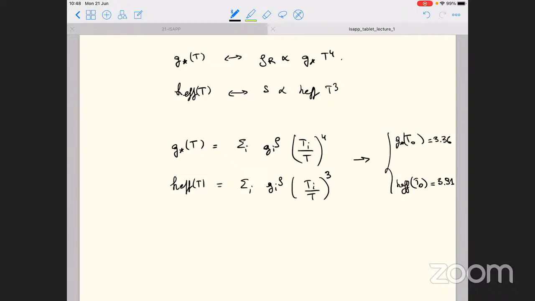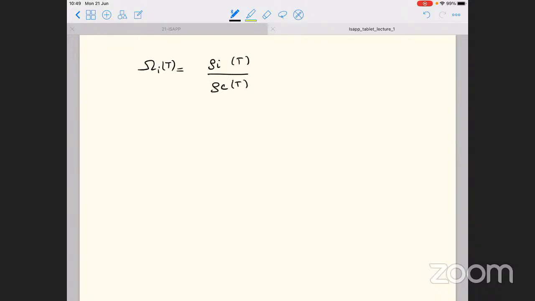So I'm checking again if I didn't forget to tell you anything. Maybe just also for the record, so that we all have been introduced to the same quantity: on the previous slide, there was a plot of omega. So what is omega exactly? We say the relic abundance of whatever, but omega is the energy density of the particle, which is a temperature dependent quantity, divided by the critical energy density.